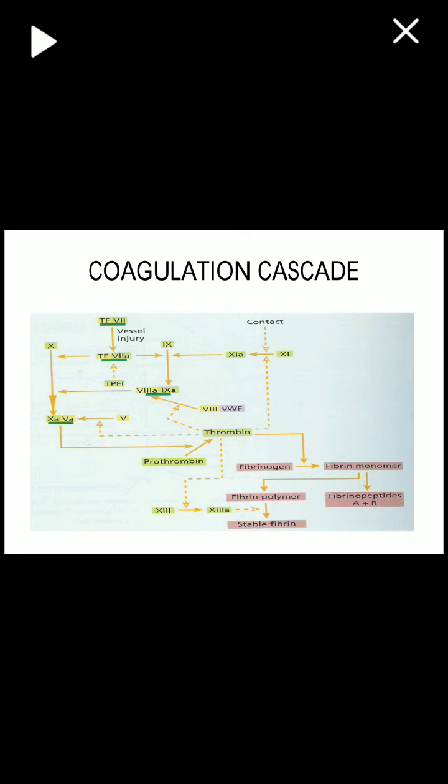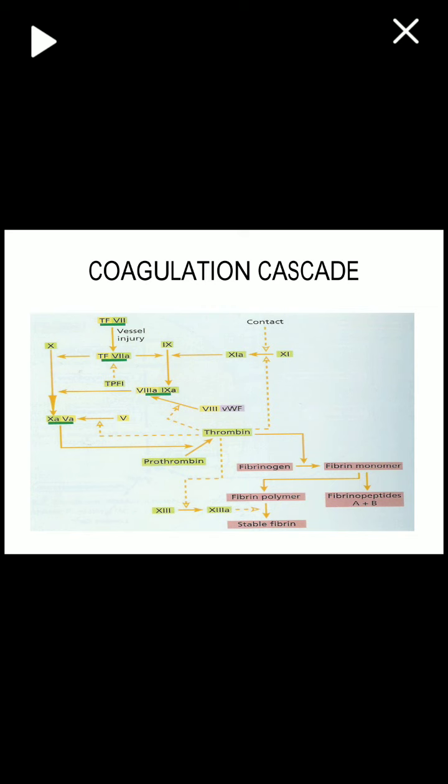It involves factor 7, factor 10, factor 5, factor 8. Ultimately, it leads to a pathway called the common pathway, and then the extrinsic pathway starts from factor 9, which activates the inactive 9 to the active 9, and then to the 8. Then this pathway leads to a common pathway where thrombin is activated, which converts fibrinogen to fibrin monomer, then the fibrin polymer.